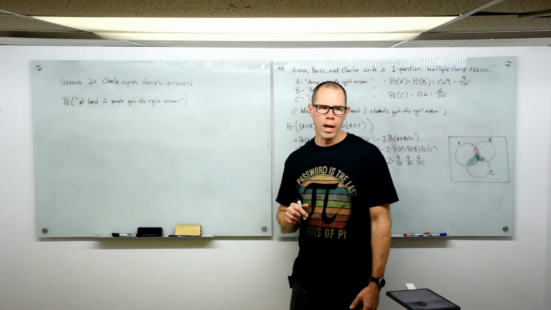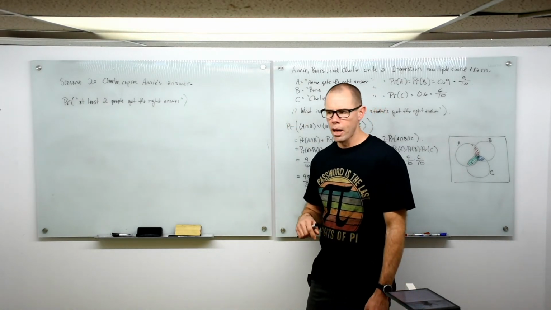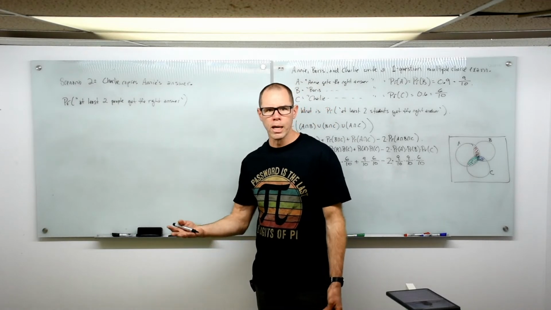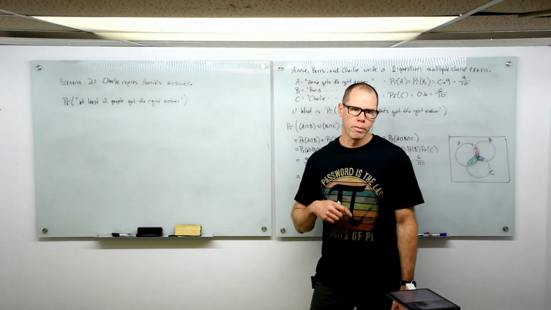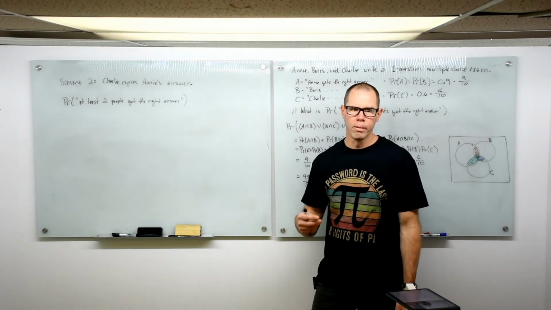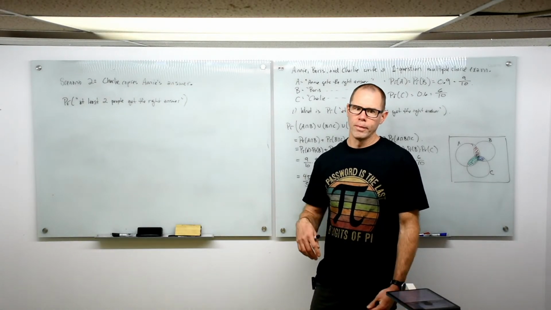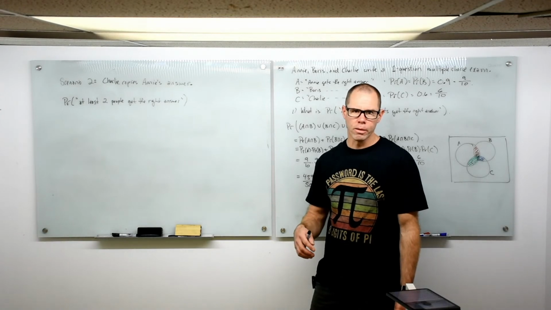If Annie gets the right answer, then so does Charlie, and 2 people get the right answer. If Annie gets the wrong answer, then so does Charlie, and less than 2 people get the right answer.